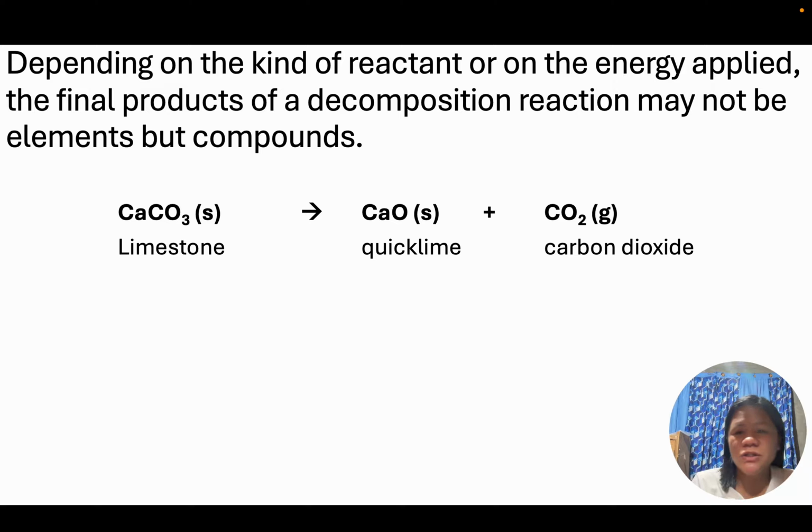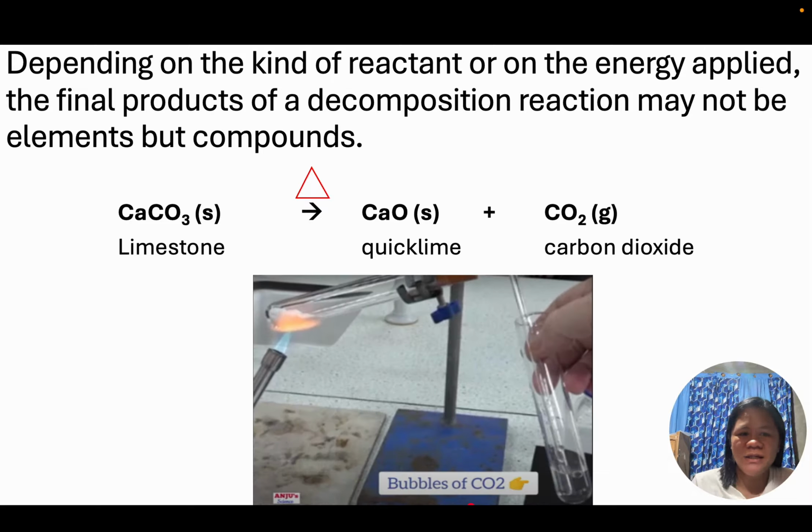Of course, in order for us to do that, we have to have the presence of heat, or fire. So this is how they do this. We have a limestone here, they light it, and then the resulting product is quicklime, and you can see a manifestation of carbon dioxide through bubbles.